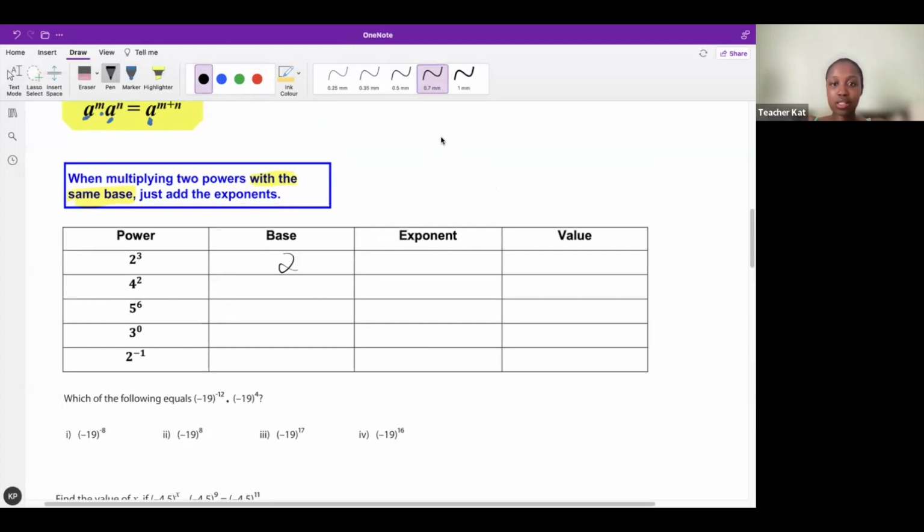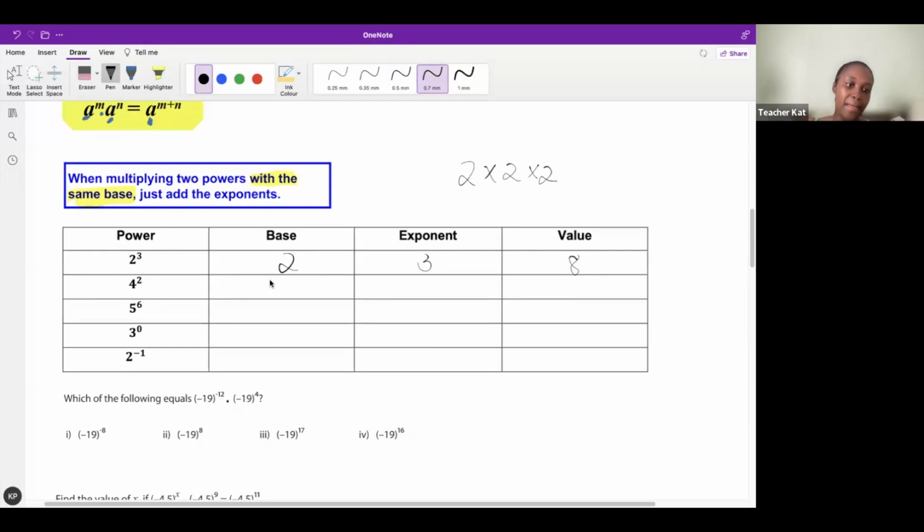Okay. My exponent, 3. And what is the value? So I want you guys to go 2 times 2 times 2. And my value is, thanks, Logan, that is 8. Right, we're off to a great start.